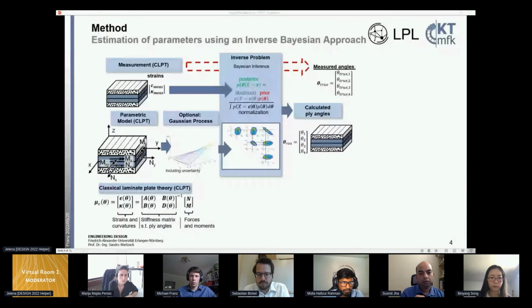The solution of the inverse problem leads to calculated ply angles, which can then be compared to our measured true angles.